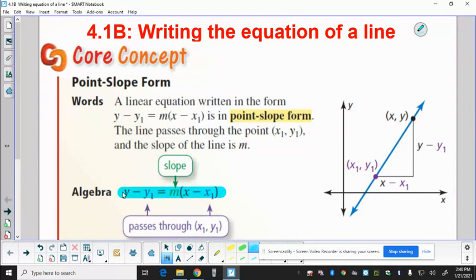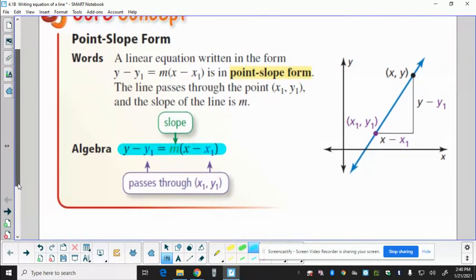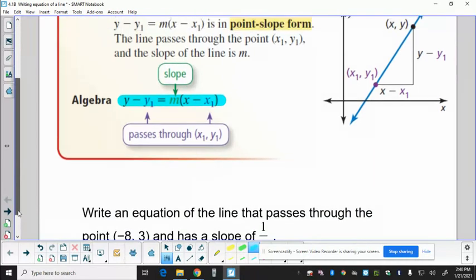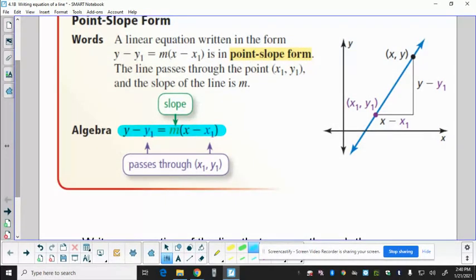To use this properly, you need to understand that this y right there and this x right there need to remain as variables because they will represent every point that exists on the line. So they have to stay as variables because there's millions and millions of points.